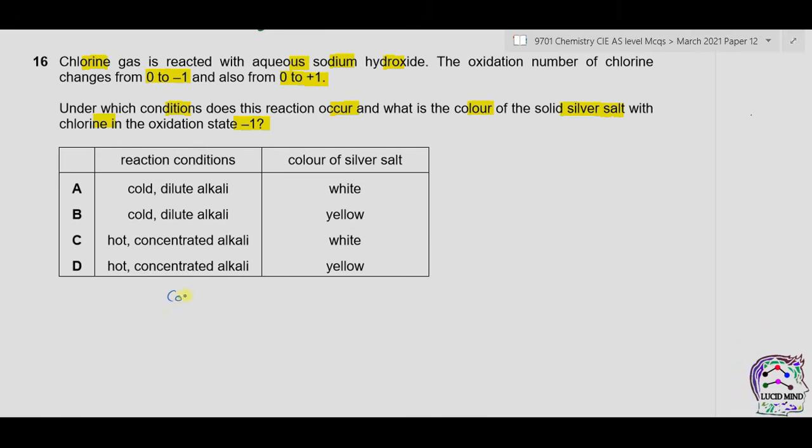Now with cold dilute sodium hydroxide, the reaction will be like this. We have chlorine Cl2, sodium hydroxide, which is cold dilute. It will form sodium chloride, NaClO, and water. Now the second reaction of chlorine is with hot concentrated alkali.